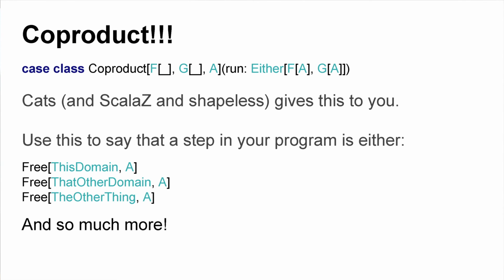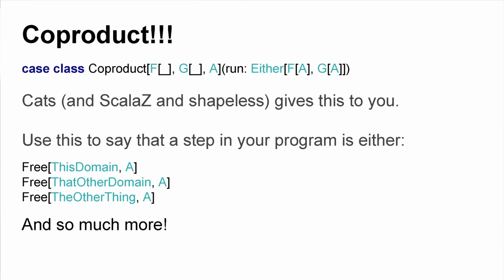You can see here, it's a type that you get from a lot of places. If you use Cats, you can get it from that. If you use Scalaz, you can get it from that. Shapeless has an implementation. It's like a higher-kinded Either, really. It's a way of saying this thing could either be an F, which takes one type argument, or it could be a G, which takes another type argument, but it can't be both.